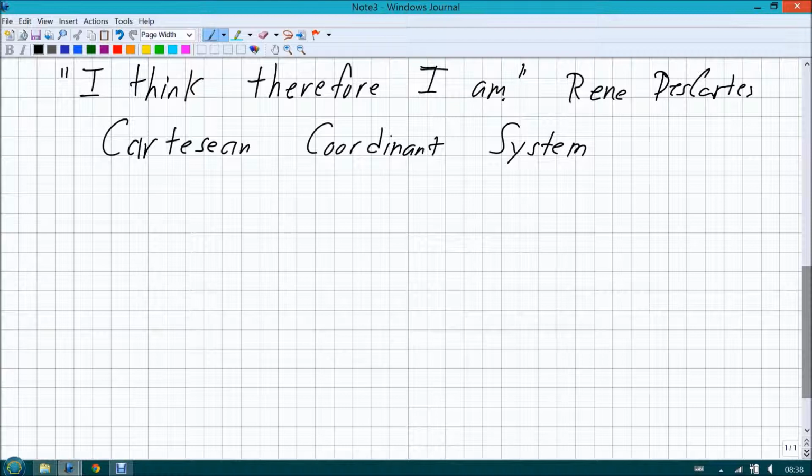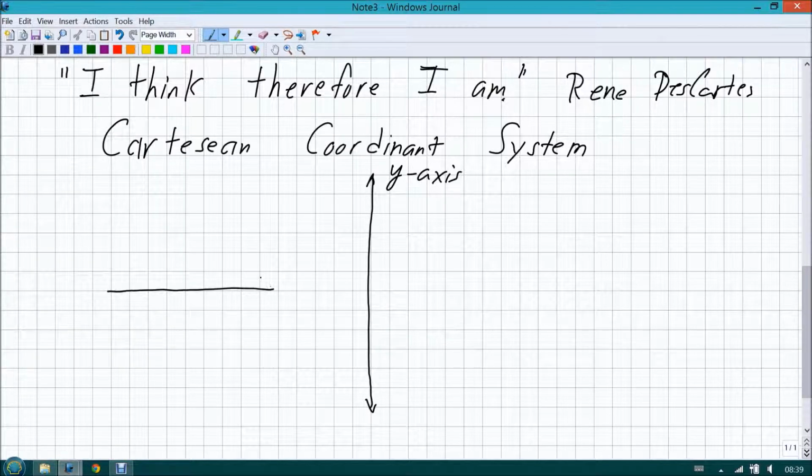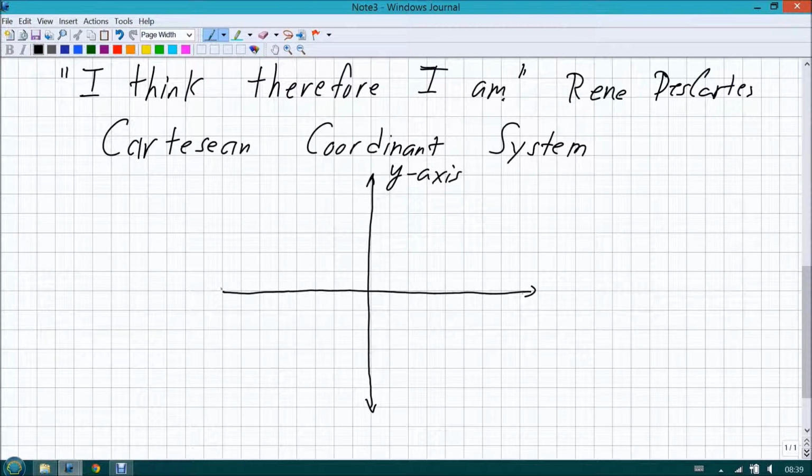He had one that would go up and down, and he labeled this one as the y-axis. And then he had a second number line that went through the middle horizontally, and he called this one the x-axis.